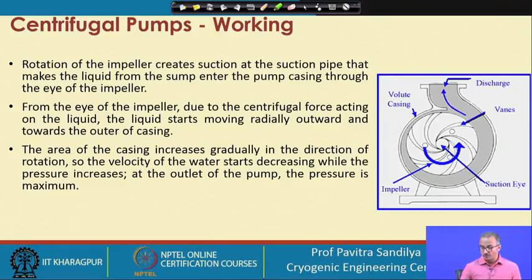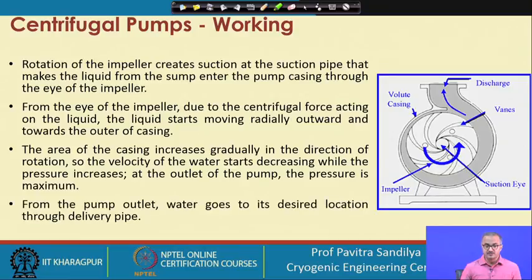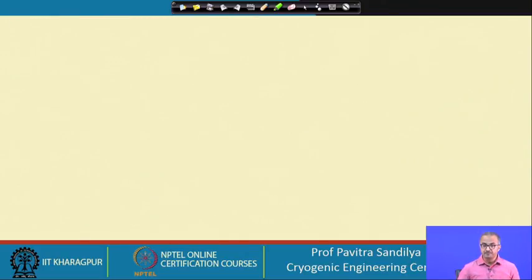So that is how we are able to get the pumping action for the centrifugal pumps, and once this pressure is there, the liquid can be moved up to any other location.